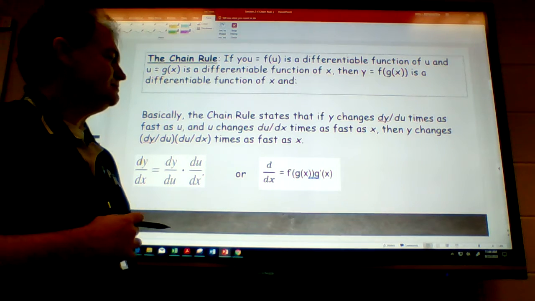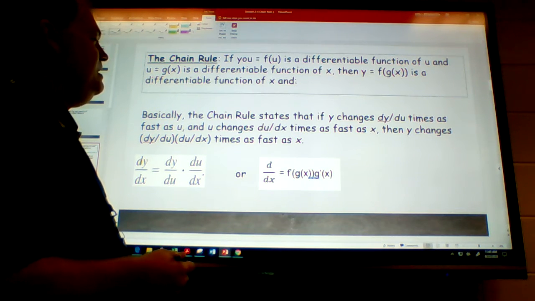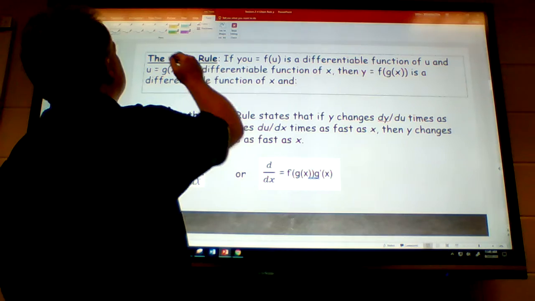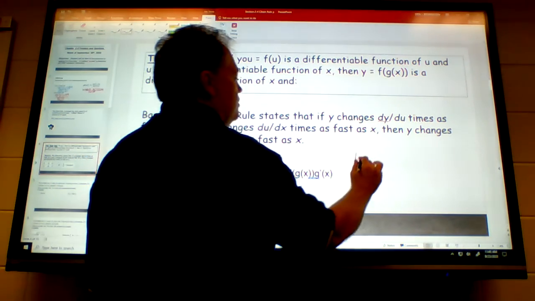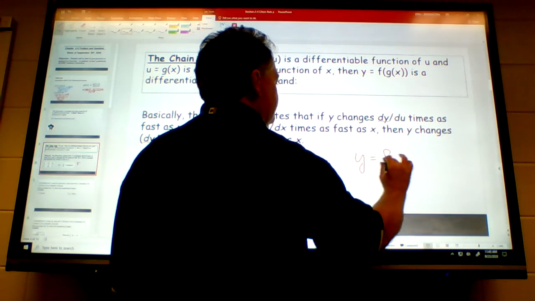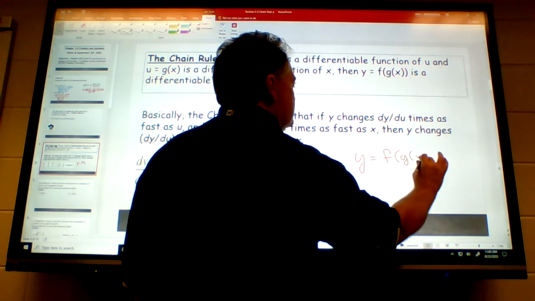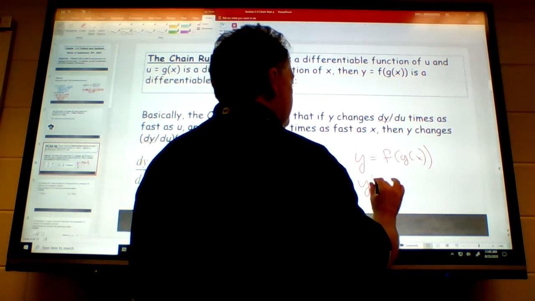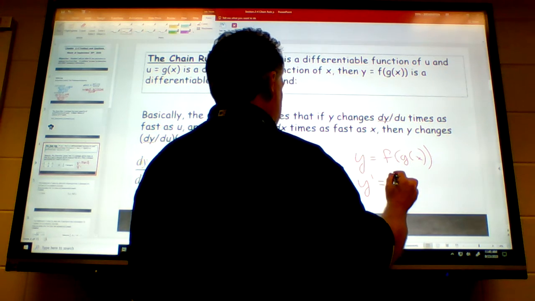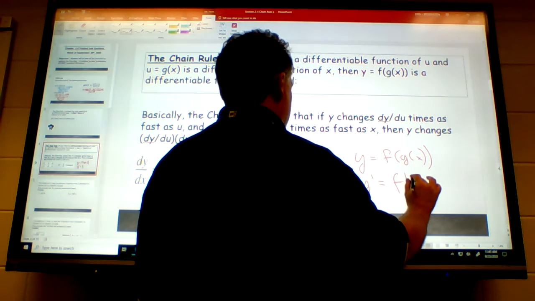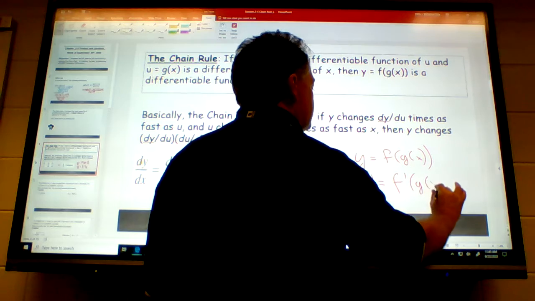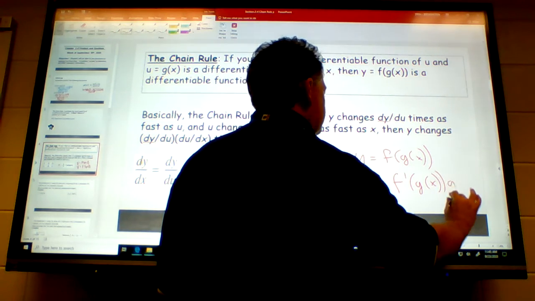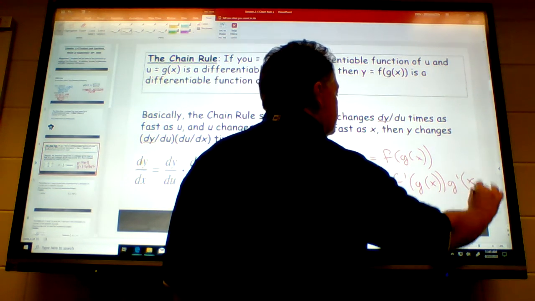Now, if you have y equals f of g of x, which you've had those functions before, y prime is going to equal f prime of g of x times g prime of x.